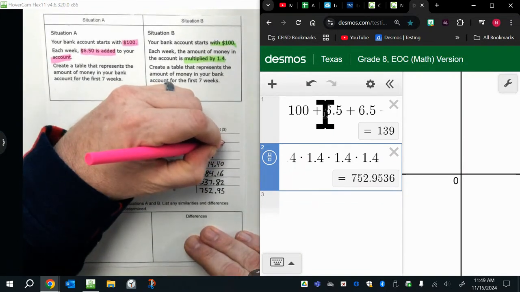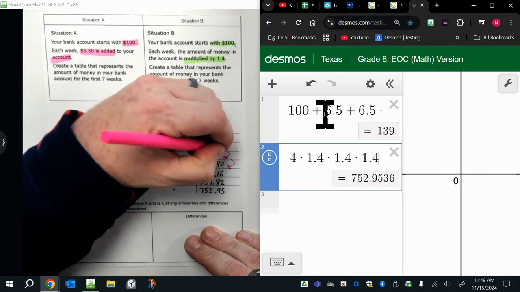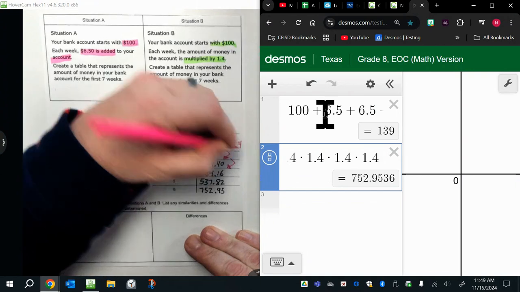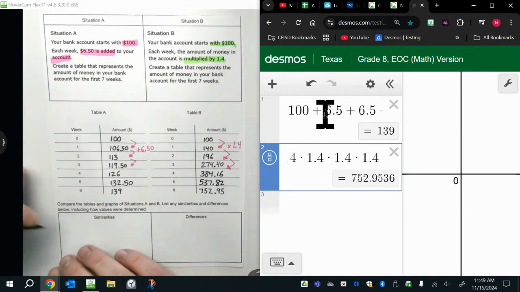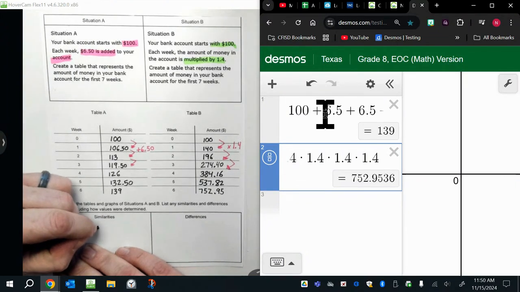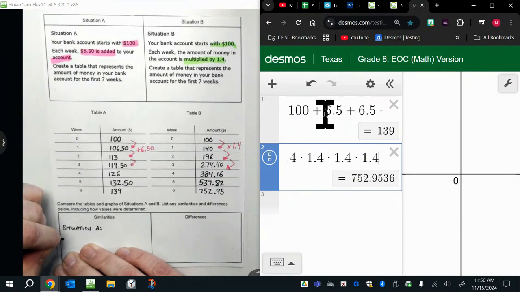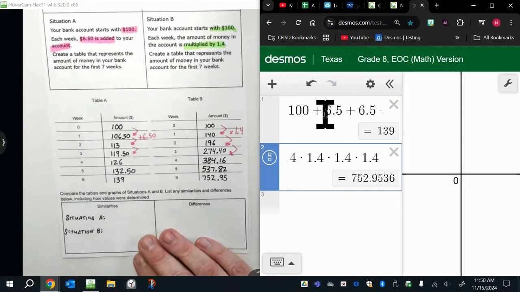And how were we doing that? Well, each time that we were going down, we were multiplying times 1.4. All right, so similarities. Well, we can say that they were both going up and they both start at $100.